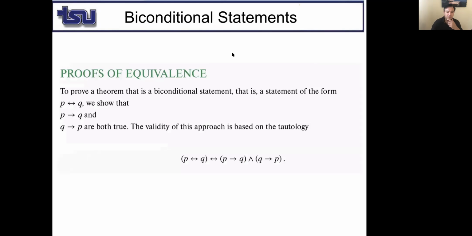If you have biconditional statements, in order to prove a biconditional statement is true, you have to show it in both directions. For example, remember P biconditional Q. In this one, you have to prove that P implies Q, and you have to prove that Q implies P. So if you have a statement like if and only if, you have to prove it in both directions.